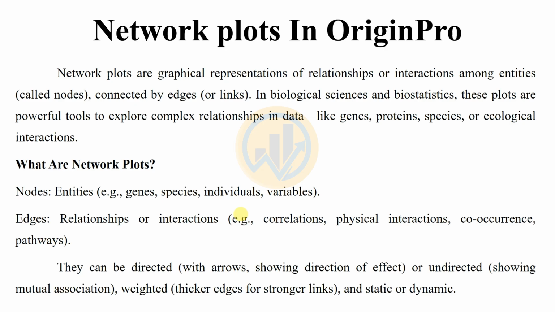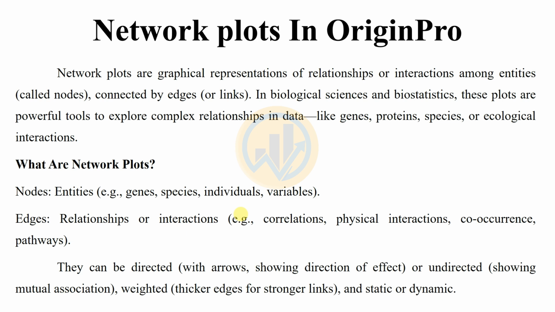What are network plots? Nodes are entities, for example genes, species, individuals, variables. Edges are relationships or interactions, for example correlations, physical interactions, co-occurrence, pathways.